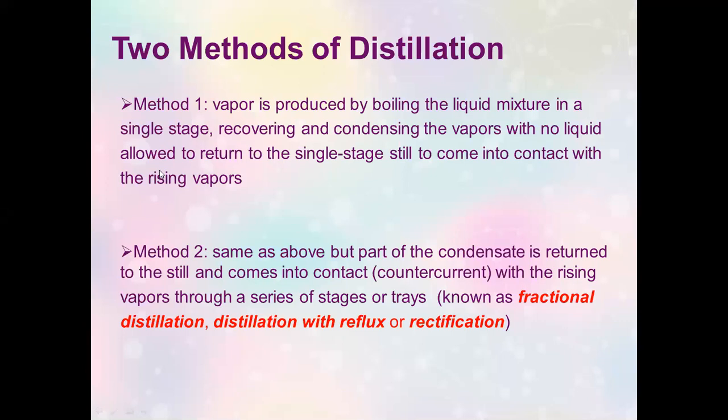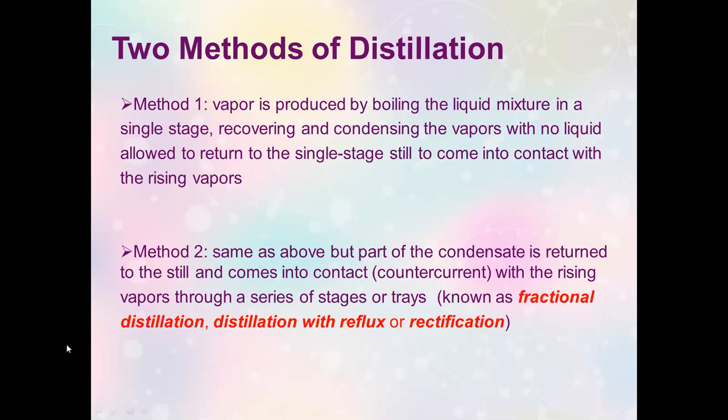So the second method is the opposite of the first one. There is now reflux in method 2. So same as above, but part of the condensate is returned to the still and comes into contact, countercurrent, with the rising vapors through a series of stages or trays.